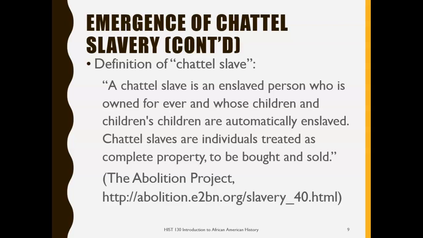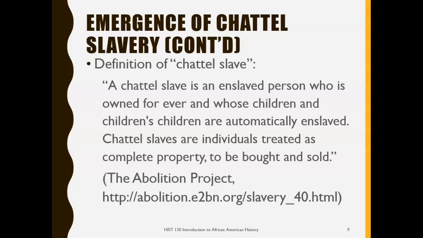bought. So as you can see, the status of chattel slave was totally different from that of an indentured servant, and it was also different from the status of slaves in Africa and other parts of the world, where the status was not permanent.